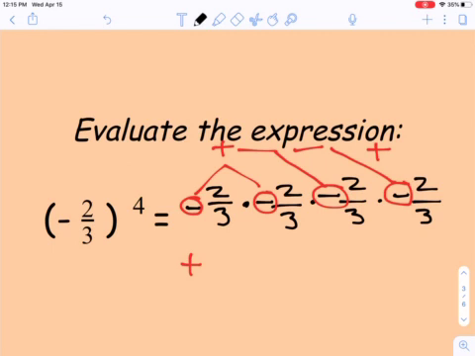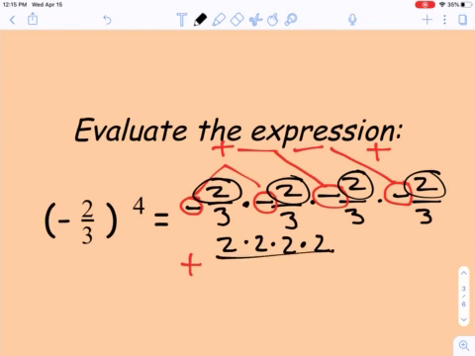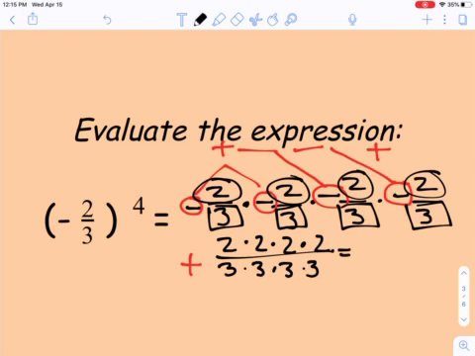Then you take all of your numerators, which is the top number in the fraction, and those are all multiplied by each other and remain on the top. Your bottom numbers, called the denominator, remain in the bottom portion of the fraction. 2 times 2 is 4, times 2 is 8, times 2 again is 16.